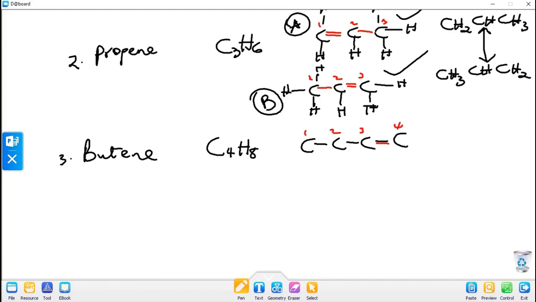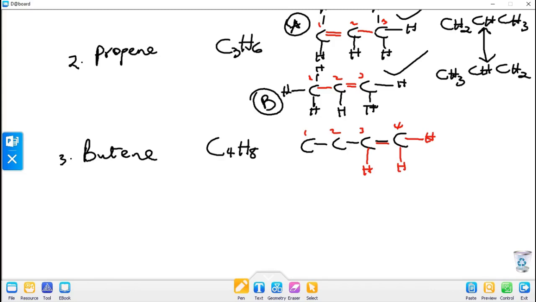So how will 8 hydrogen atoms be distributed amongst these 4 carbon atoms? Since carbon 3 is having 3 bonds, it needs only 1 hydrogen. Since carbon 4 is having 2 bonds, it needs 2 more hydrogens. 3 gone, 5 to go.